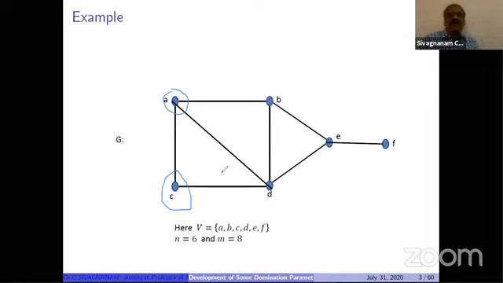What is NA here? B is a vertex which is adjacent with A, so B should be available in this NA. D should be available in this NA.